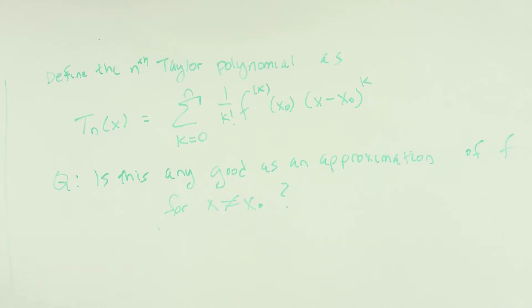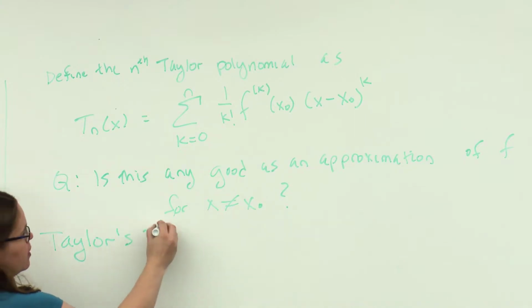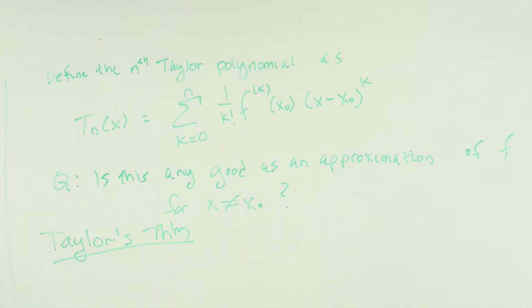Okay, so let me write down the theorem, and then we'll try to figure out why this theorem actually holds true. So Taylor's theorem, which again you should have seen before. We have some conditions where this is going to work well or not. First of all, obviously, we used the derivatives of f to build this polynomial, so these derivatives better actually exist. I can't just put a crazy function that's not differentiable here and expect to be able to do this.